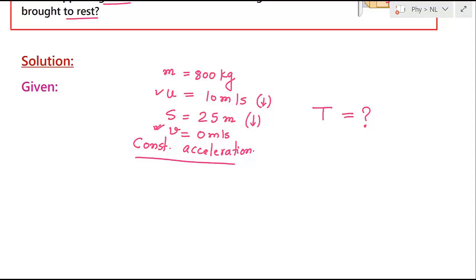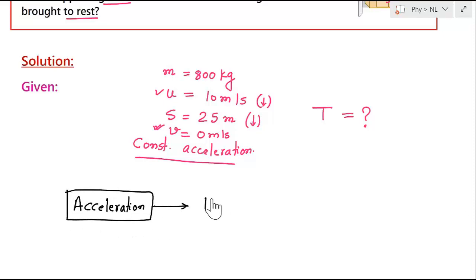So what is the flow chart for doing this problem? So first you have to calculate acceleration. So this is your first thing that you have to do, and once you know the acceleration, you can draw the free body diagram. In this case, free body diagram of the elevator, and then you can use Newton's second law to write equations.